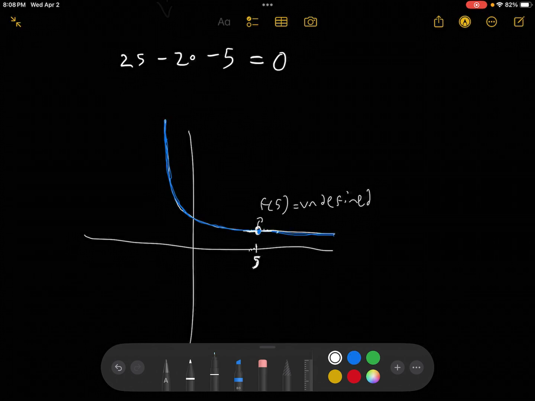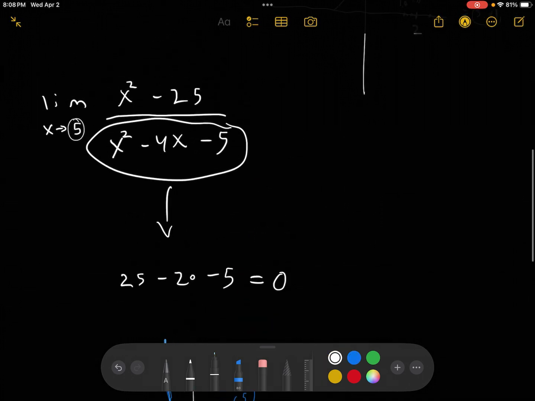And since our other function is going to be the exact same at all points other than 5, we know that the limit of our other function as x approaches 5 is going to be the same as the limit of this other function at the point 5, and that limit is just this new function evaluated at 5.